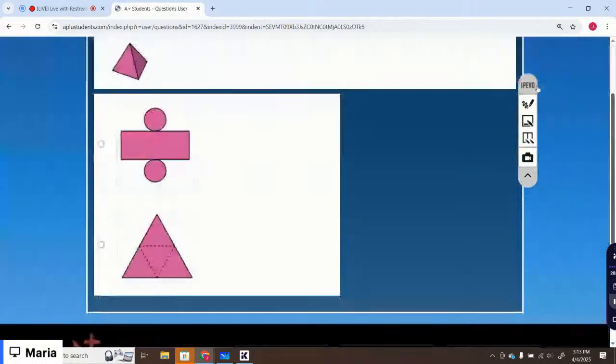Which is the correct option, one or two? Option number two is the correct option.